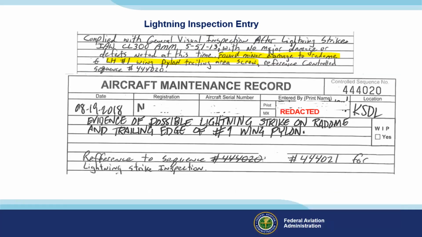And if you look, it's very similar to what the pilot wrote up, pretty much the same thing. Of course, the pilot couldn't see the horizontal stabilizer from the ground, so he didn't know that damage existed. Looks to me like the mechanic just repeated what the pilot wrote. I don't know how thorough of an inspection was done.